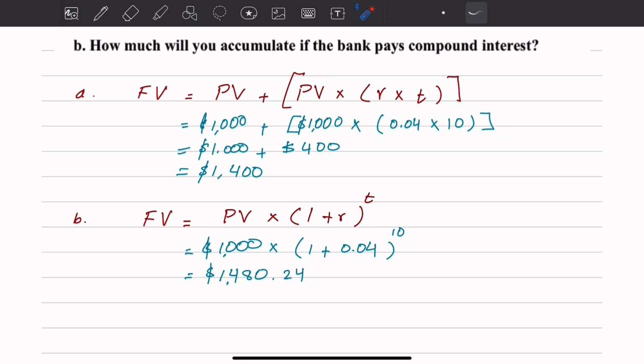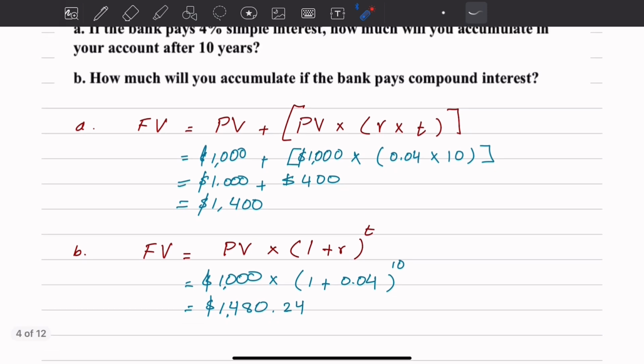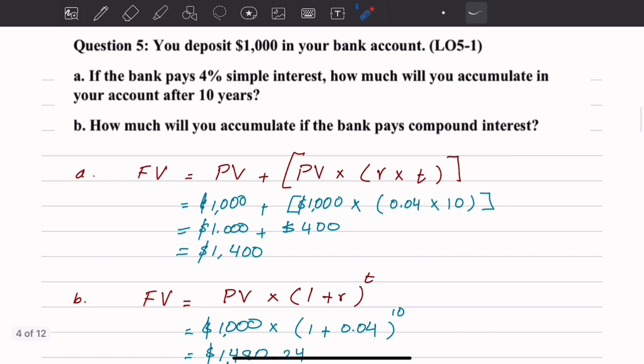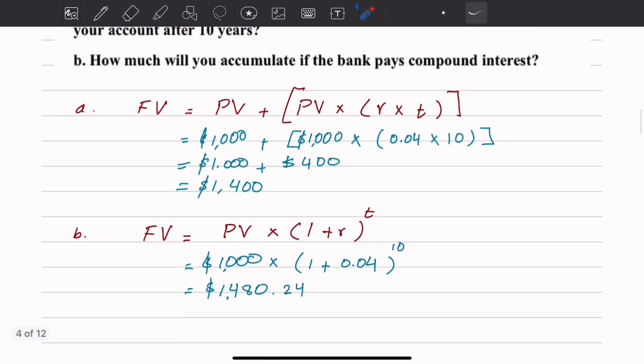Okay, now this question might not really showcase the strength of a compound interest, but if we assume a higher interest rate or a longer period, the higher the interest rate and the longer the period, the bigger the gap is going to be between the two scenarios, the simple interest and the compound interest.